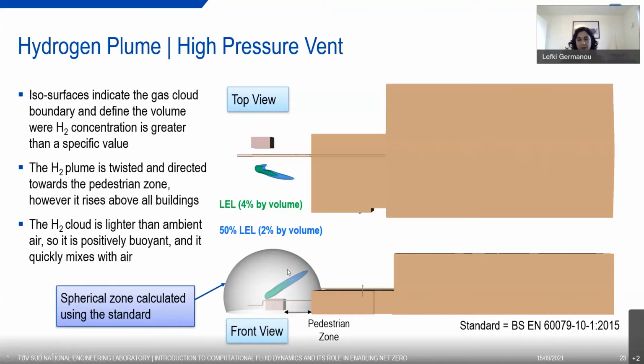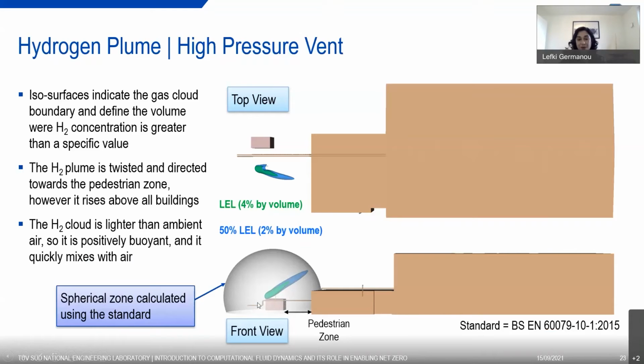In this picture at the bottom, the spherical zone calculated using the standard is also illustrated. You can see that the results from CFD and the standards are pretty close considering the radius of this zone. However, the standard is very conservative, so we should have excluded and considered all this zone as potentially dangerous.